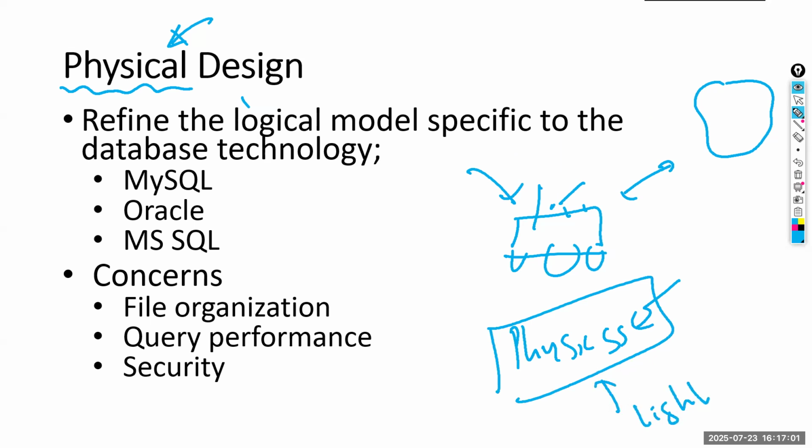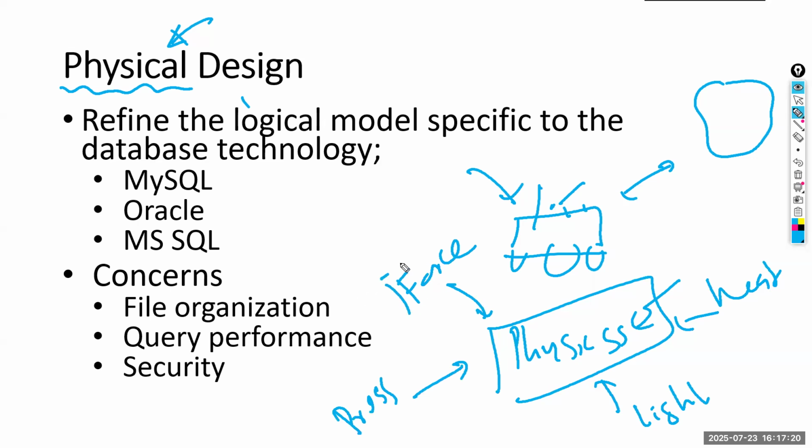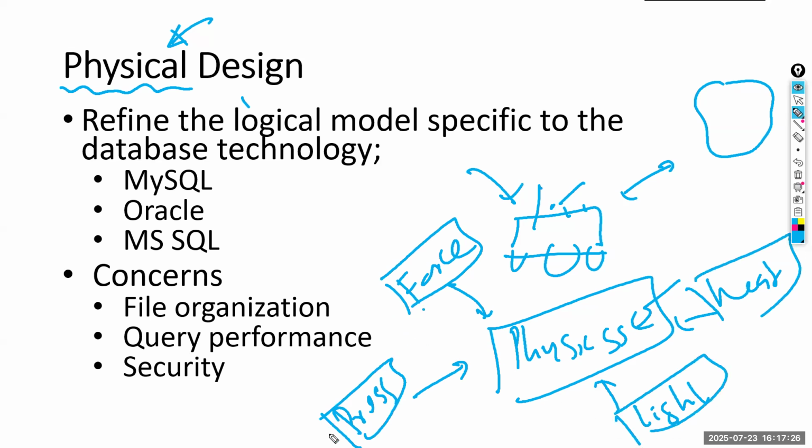Light is not something you can touch. Heat is not something you can touch. Force is not something you can touch. Pressure is not something you can touch, but that is a reality. So physical means reality. In reality, there's something called heat, something called light, something called force.